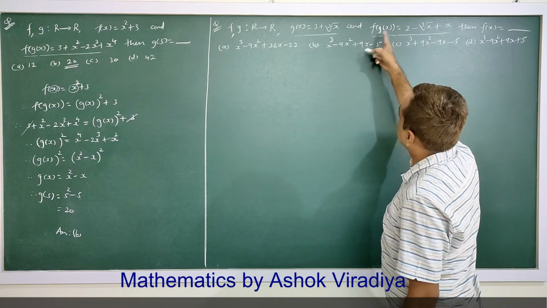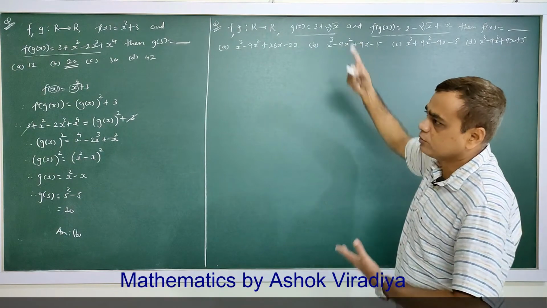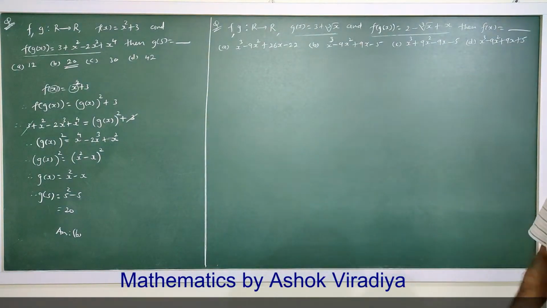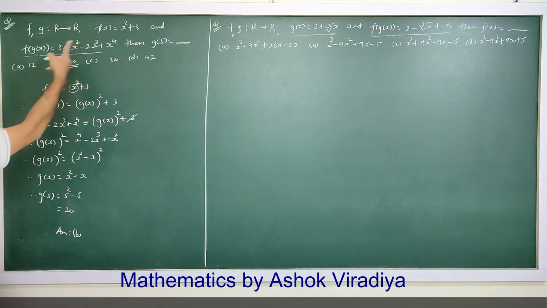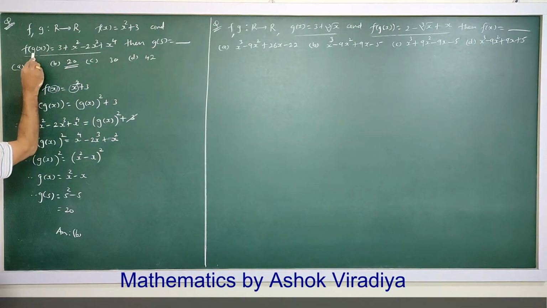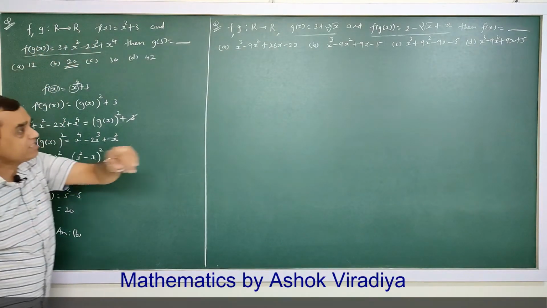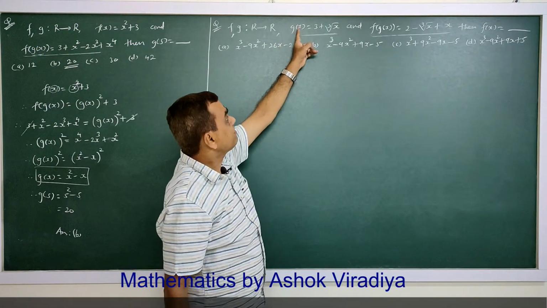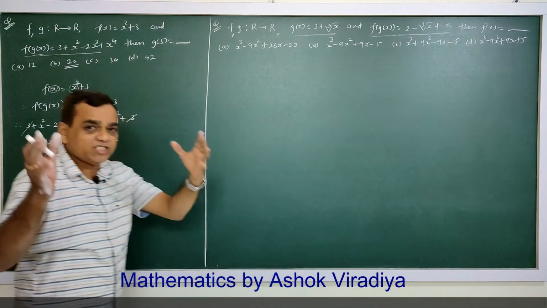So in this composition we want the outer function f(x), and g(x) is given. In the previous question the composition was given and we found the inner function g(x). Here we found the inner function if the outer function is given, and in this question, see, the inner function is given, we want the outer function.